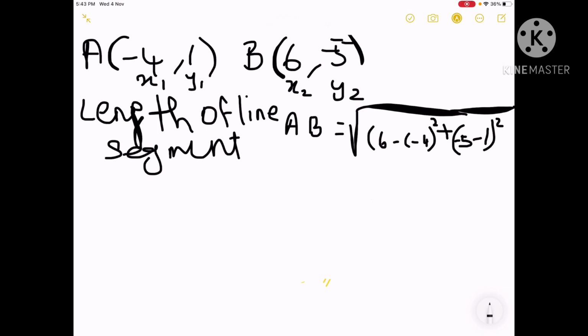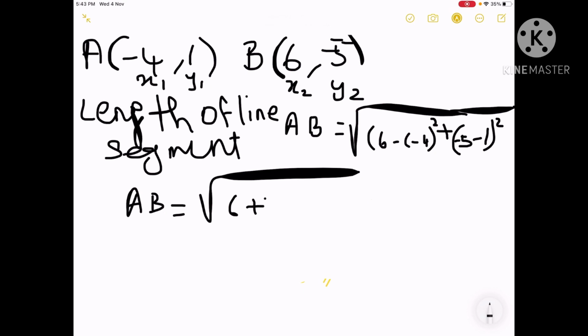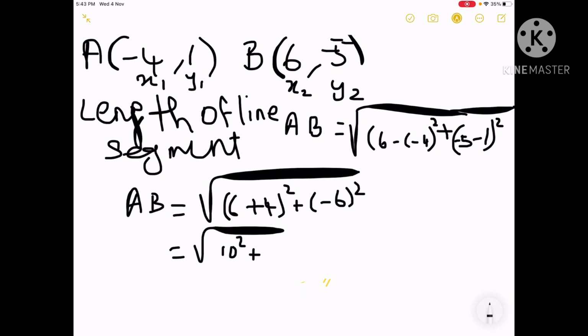So let's start. AB equal to the root of 6 minus into minus is plus, so 6 plus 4 whole squared, plus minus 5 minus 1 is equal to minus 6 whole squared. So let us start: root of 10 squared plus of minus 6 whole squared.